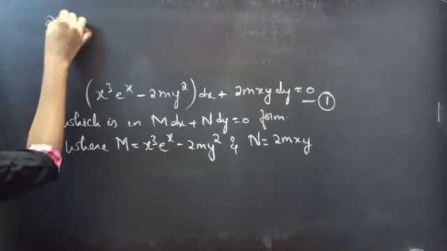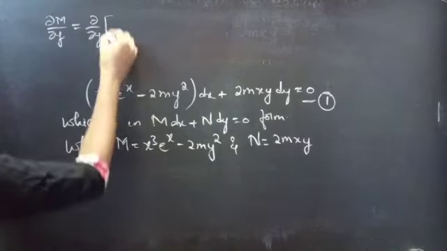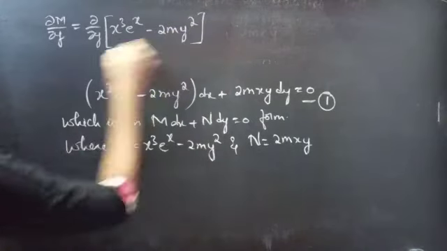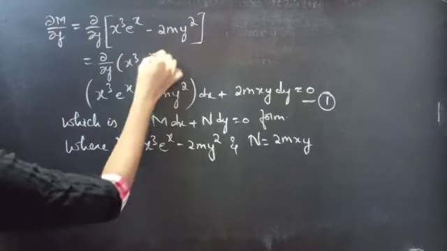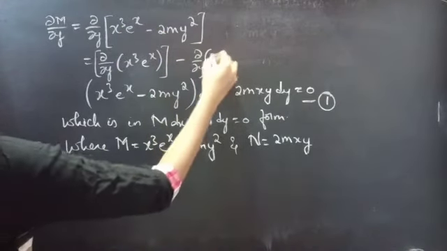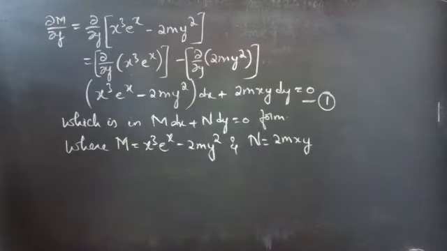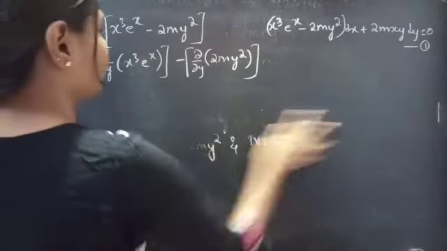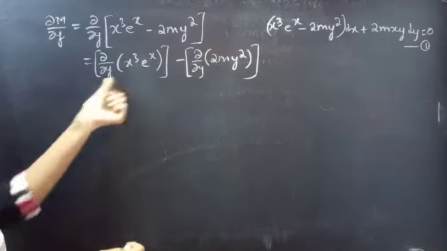Firstly, we'll find partial derivative of M with respect to y, which is equal to ∂/∂y of (x^3 e^x - 2my^2), which is the partial derivative of the first term minus partial derivative of the second term with respect to y. Here we are doing partial derivative with respect to y.